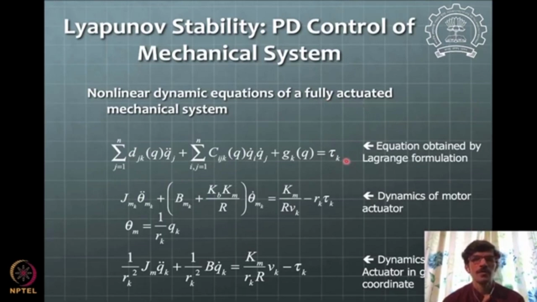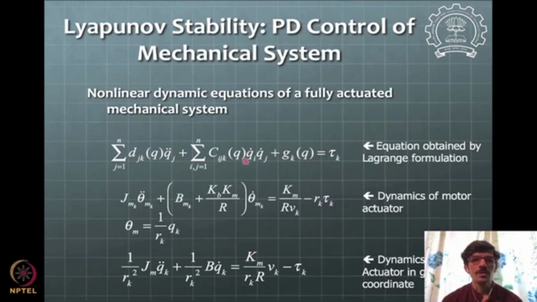So this was the equation, if you remember, that was obtained by the Lagrange formulation, and we introduce the motor dynamics into it. The motor dynamic equations, if you remember, are also in this form. But now this torque K, for the kth joint that we are considering here, is actually coming from this equation.